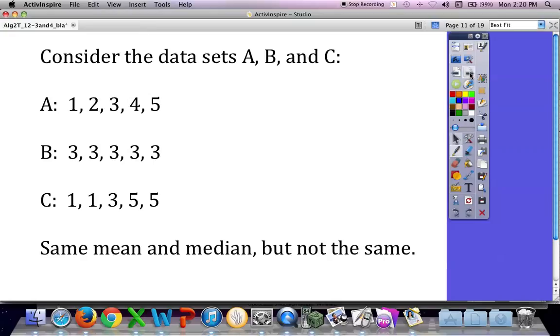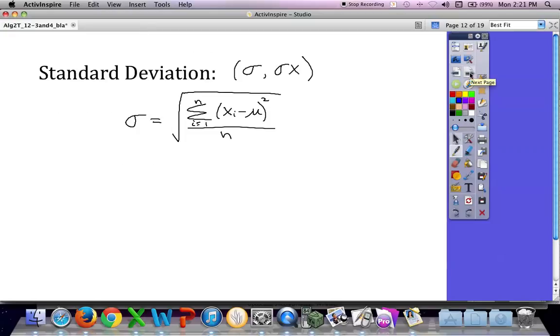The formula for the standard deviation is this, right? And notice that again, here we get into a little notation mix-up, because here they're saying that sigma, a Greek lowercase letter, is what represents standard deviation.